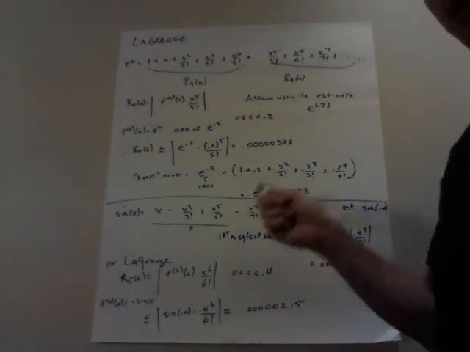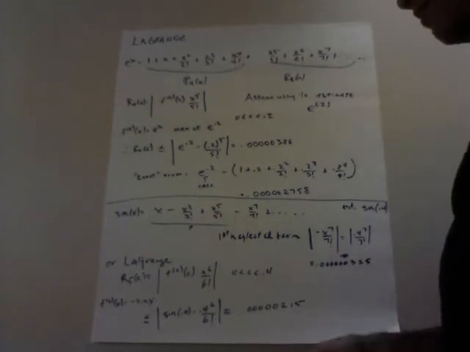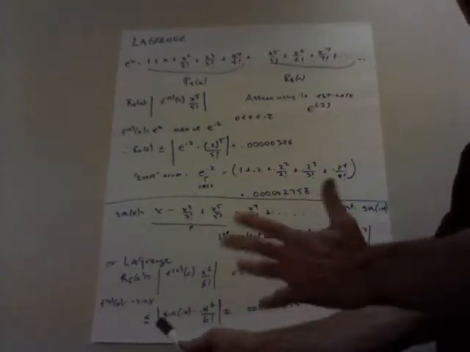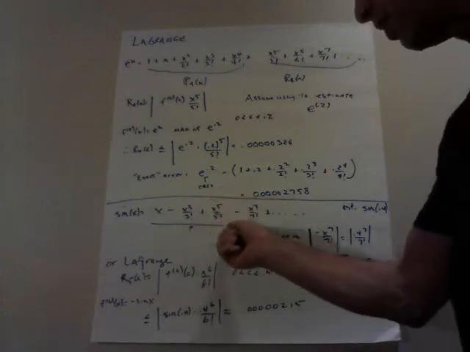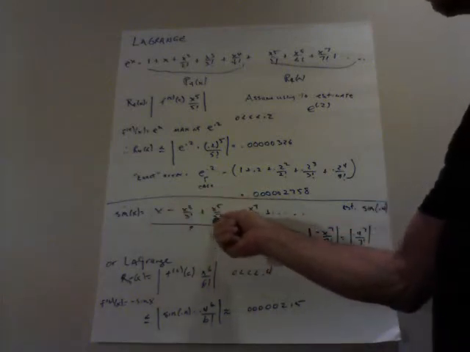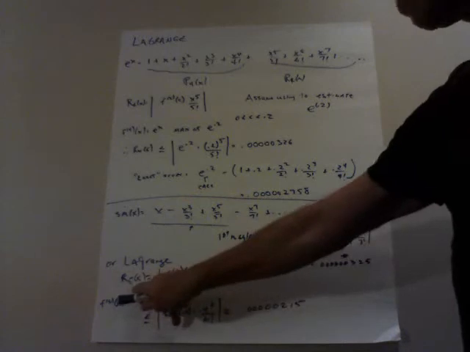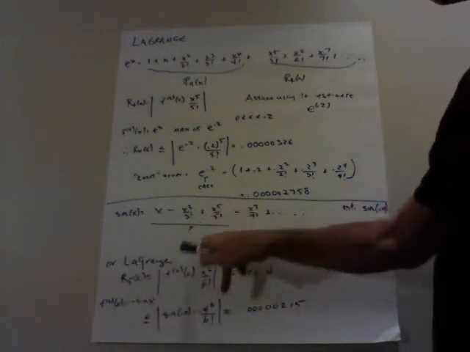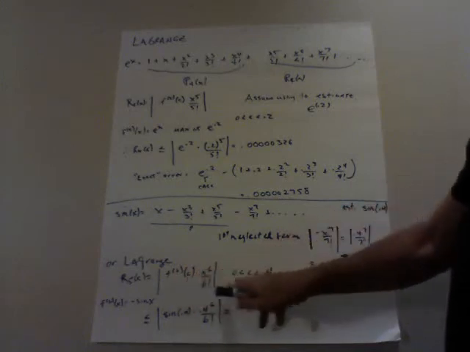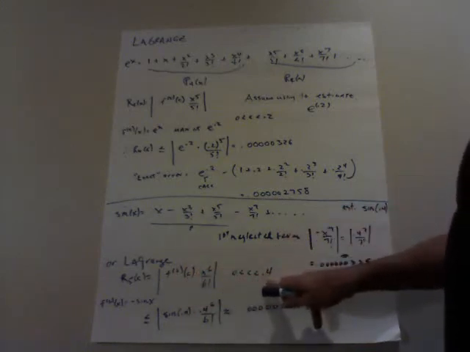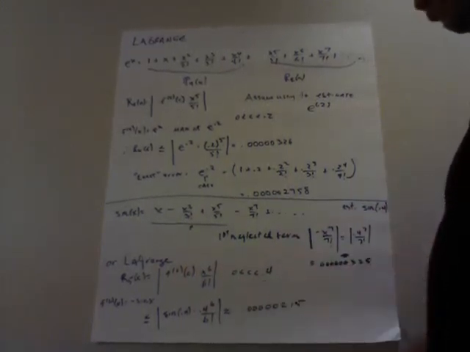But you can also be asked with an alternating series to give the Lagrange error bound. So the Lagrange error bound, if I'm using the first 3 terms for sine x here, would be R5 of x, I'm going out to the fifth derivative, is equal to the sixth derivative at c, where c is between 0 and 0.4.